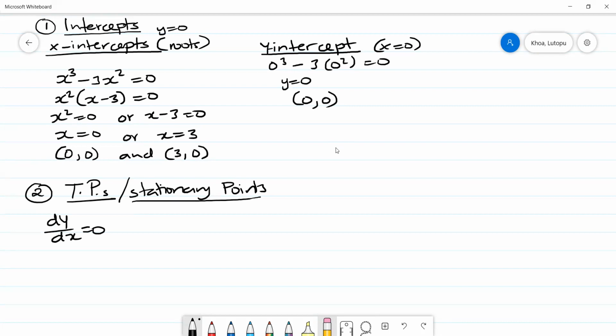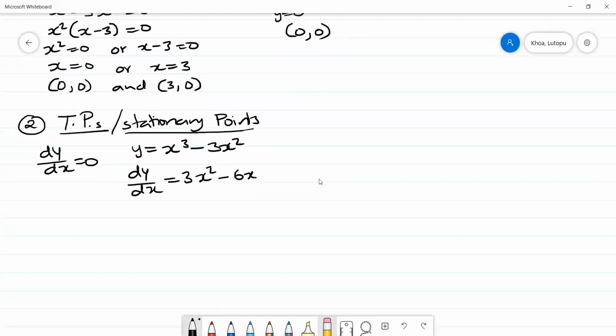We have our function y equals x cubed minus 3x squared. Now we're going to differentiate. So dy/dx is 3x squared minus 6x. Then we equate this to 0.